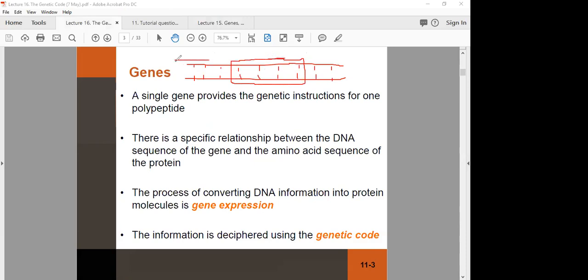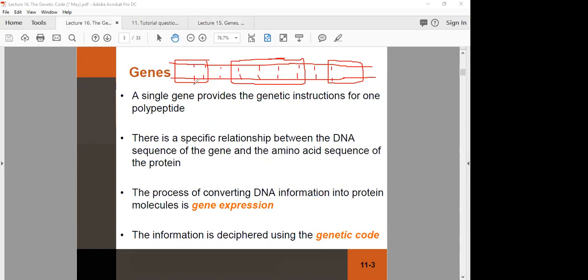And there might be another gene up here and another gene down here. So you can see that genes are basically situated along each chromosome. And we can actually define a gene as being a specific sequence of DNA which encodes a functional product.